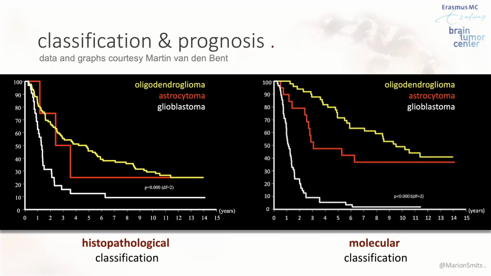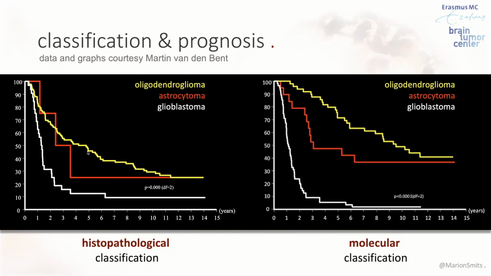Why did we even move from this histopathological classification to this molecular classification? Well, because we can define these tumors much more accurately based on overall survival. But of course, that is probably also reflected in their imaging. We weren't able to separate these tumors very well based on histopathology.